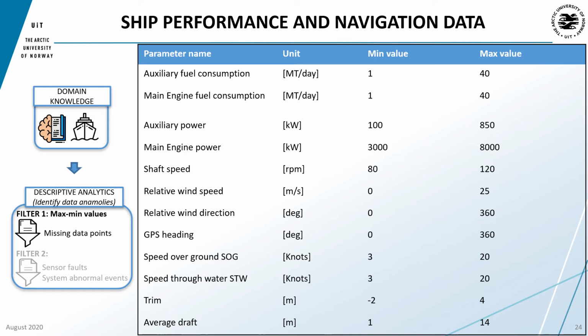With the domain knowledge, we define the maximum and minimum values to filter out data anomalies through filter 1 under descriptive analytics.